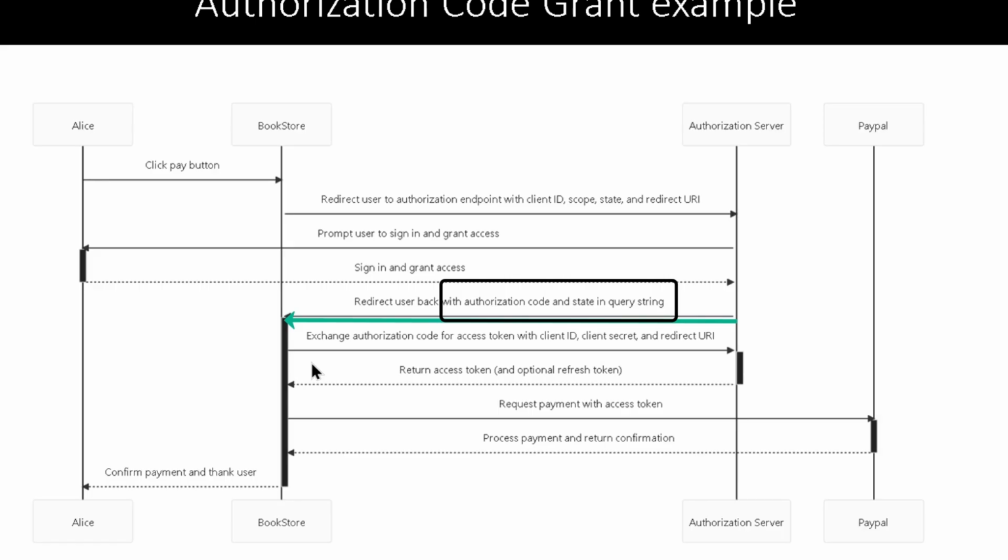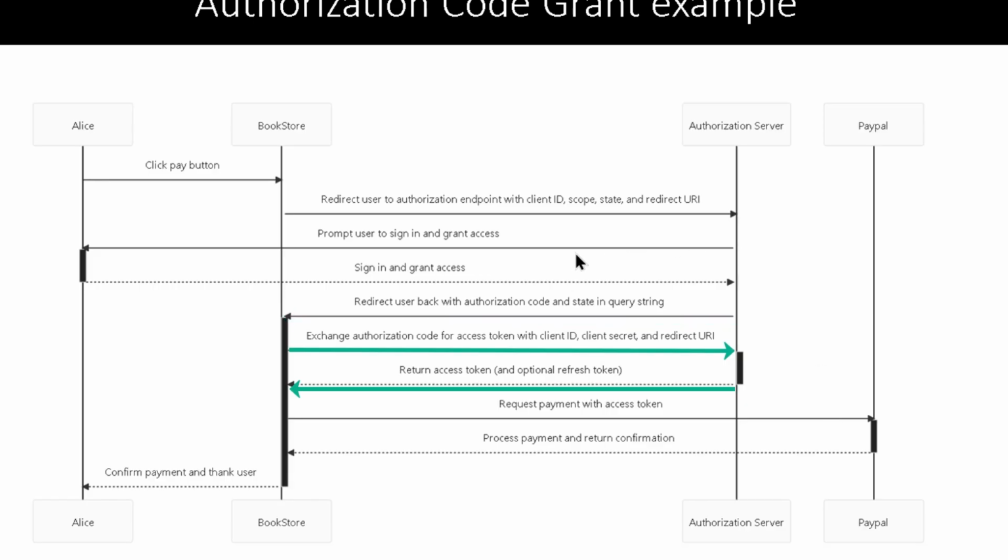The bookstore extracts the authorization code from the query string and exchanges it for an access token from the authorization server of PayPal. It's getting this using its client ID and client secret, which is basically the logon information for that application.